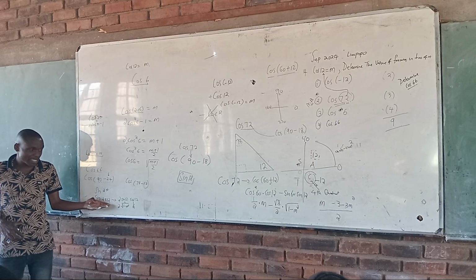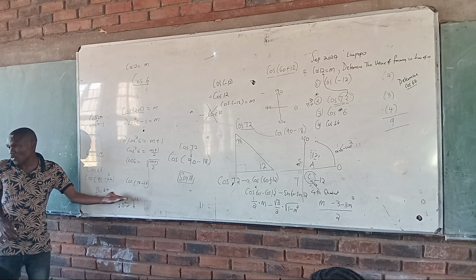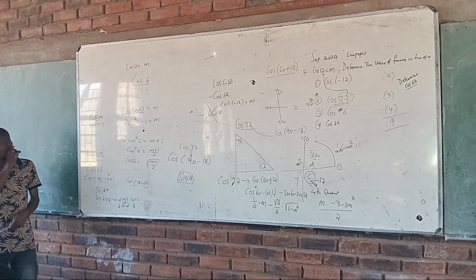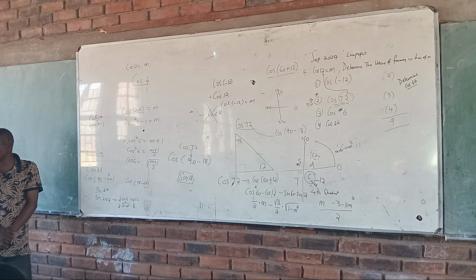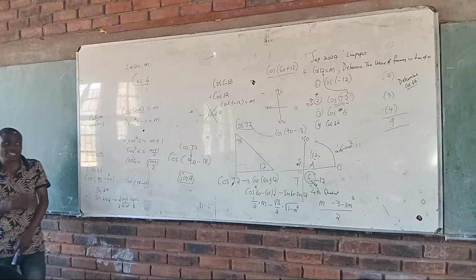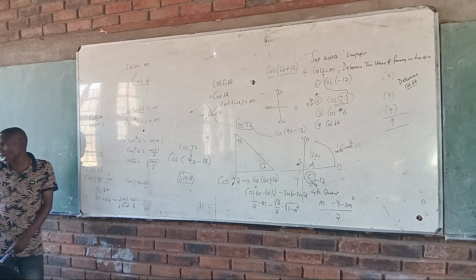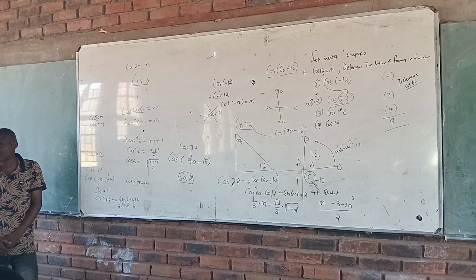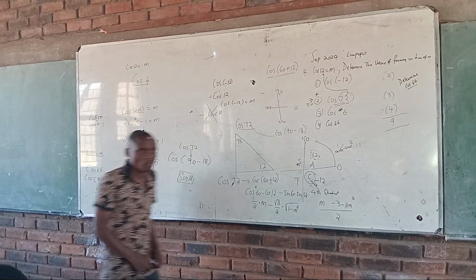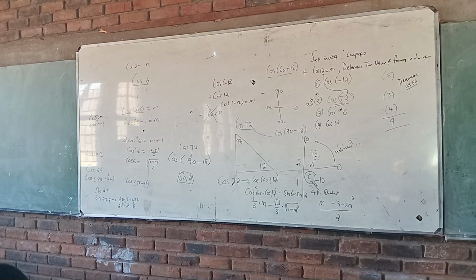You write it in terms of a double angle. Go and practice these things that we're working with, so that the next time we meet, we're going to do something different. Any question?